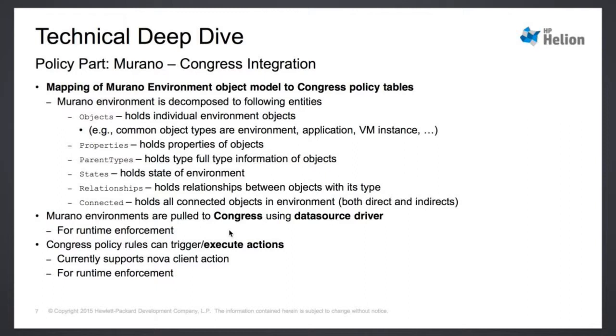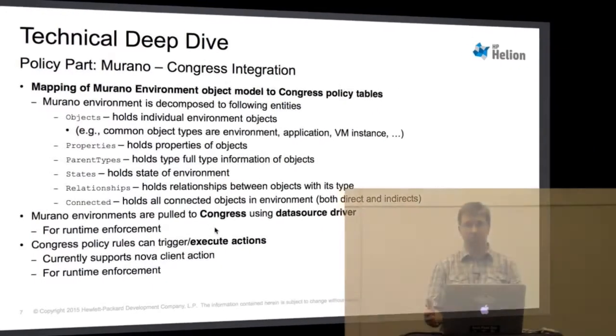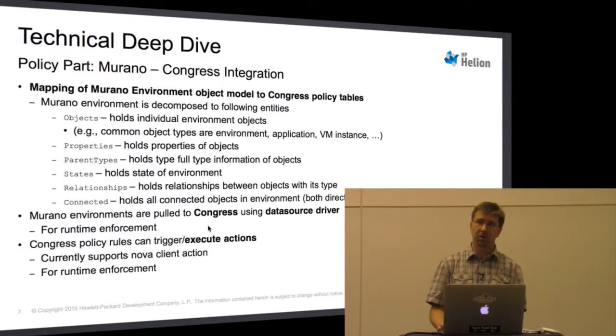And the last point is the initial implementation of action execution based on runtime policy rules. We are currently able to run Nova client actions. So for example, in our demo, you are able to write a rule that will automatically unpause a paused virtual machine.